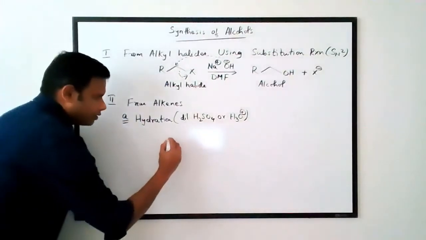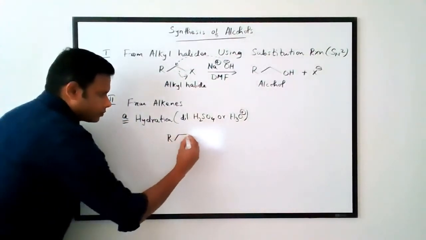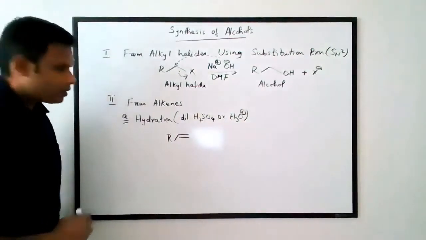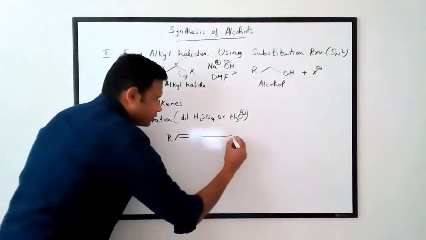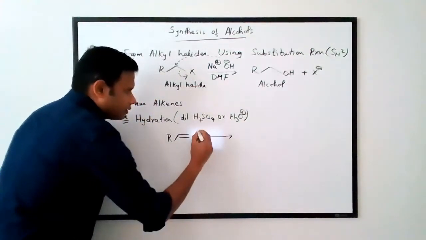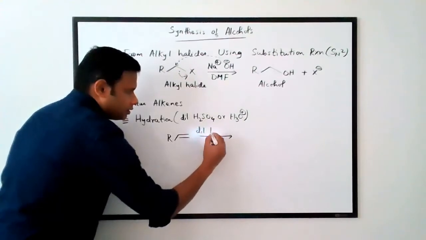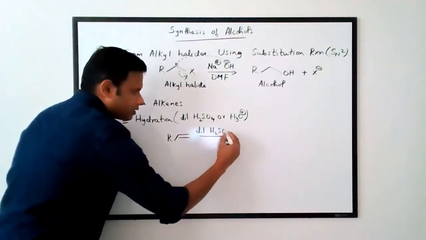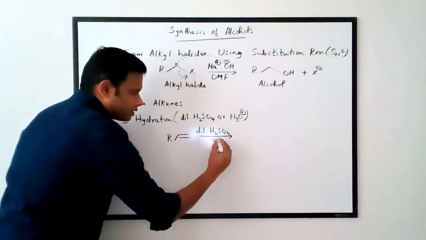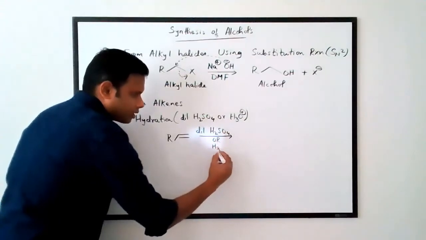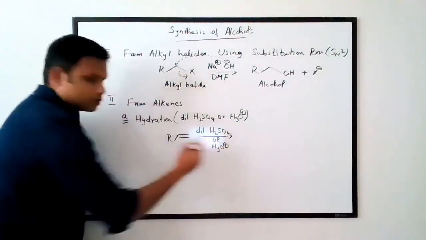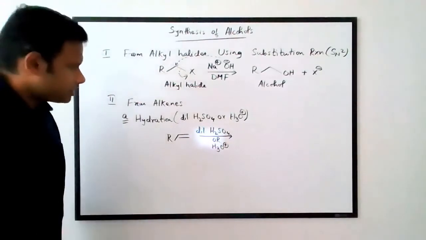So if we have an alkene, then we react this with dilute sulfuric acid, or like I said, you could just write hydronium ions to show the presence of acid.